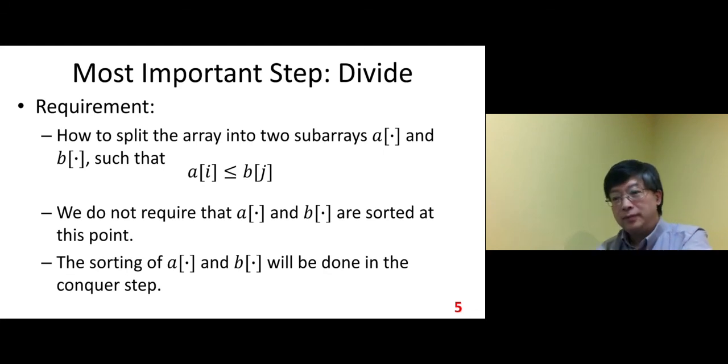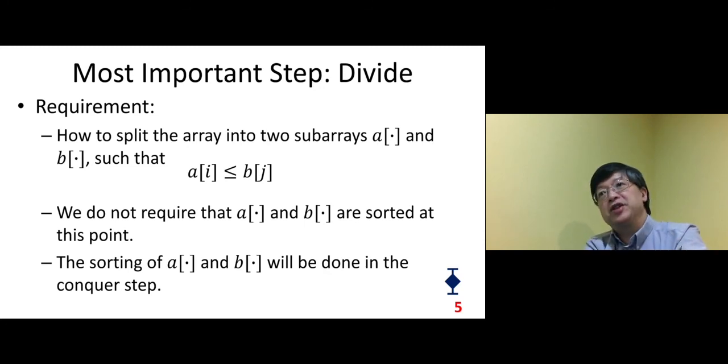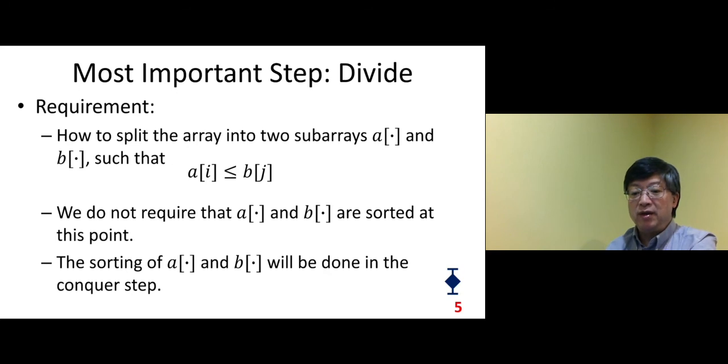So that's what we need to do in the divide step. This is just the introduction part, so we know what we are going to do in the next part. All right, so that's the B.1.